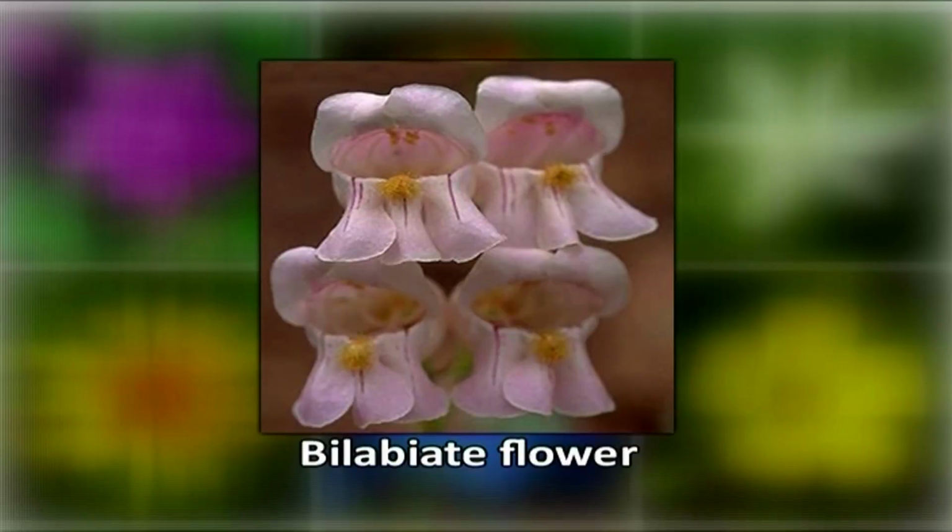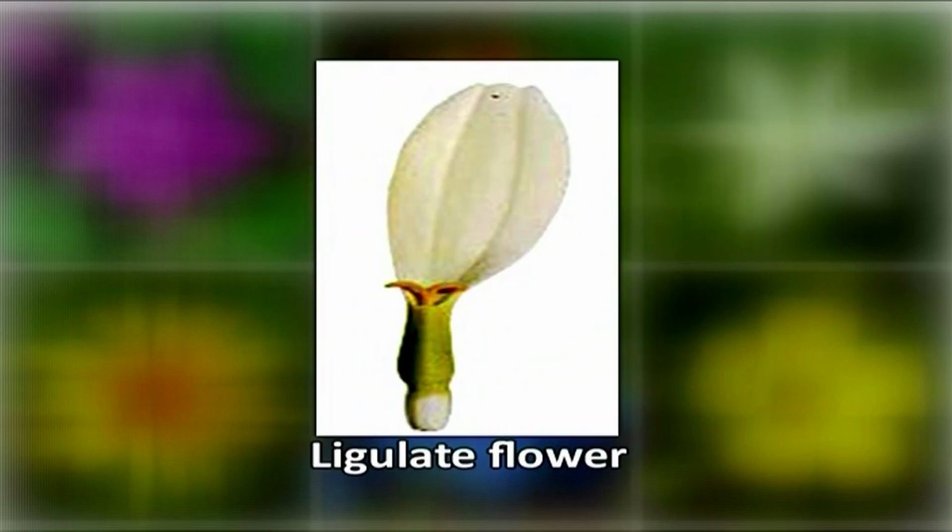Similarly, flowers with zygomorphic corolla can also be of following types: bilabiate, with 2 lipped structures, usually due to a landing platform, commonly found in labiates, or may be ligulate, that is petals connate at the margins to form a strap shaped corolla as in the members of family Asteraceae.